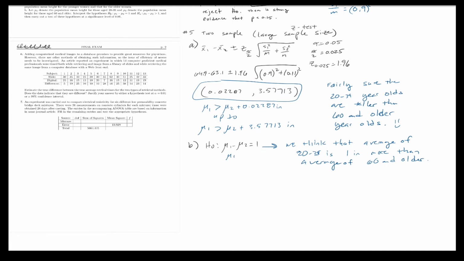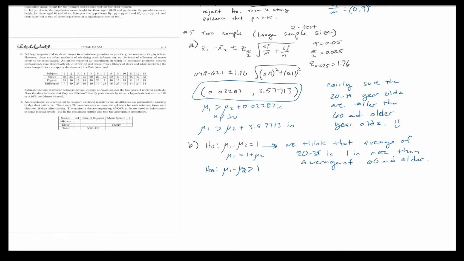Basically, you could say mu1 equals 1 plus mu2, 1 inch more than mu2. The alternative is that mu1 is larger than 1 inch more. So the alternative HA is that mu1 minus mu2 is larger than 1 inch. So you could say the alternative here is that the 20 to 39-year-olds are more than 1 inch taller than the 60-year-olds and older. Now carry out a hypothesis test.